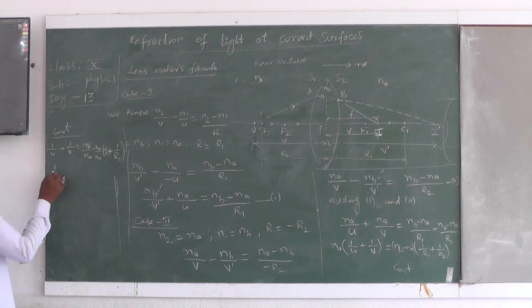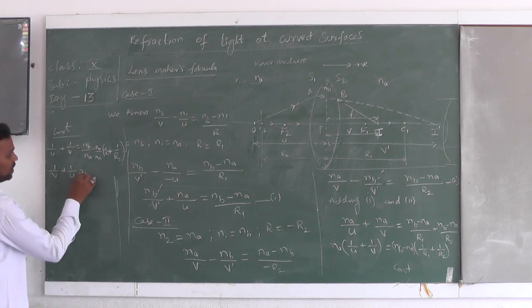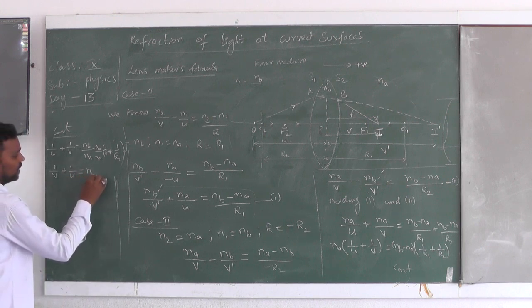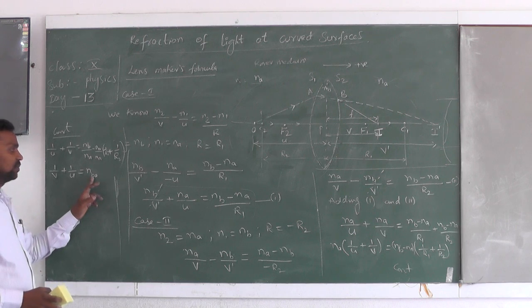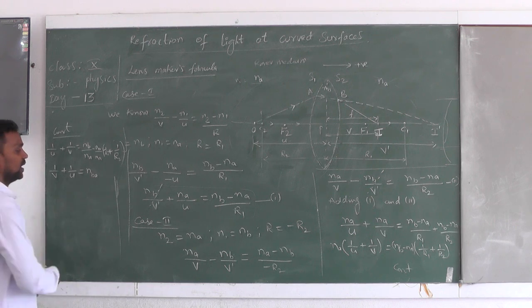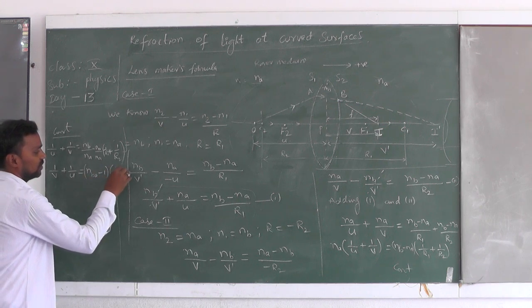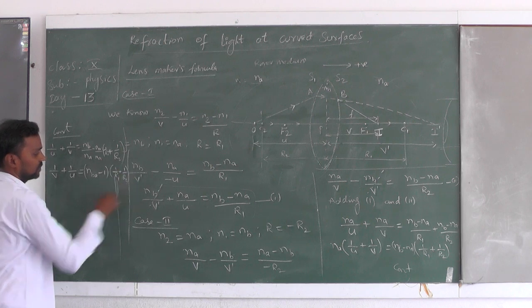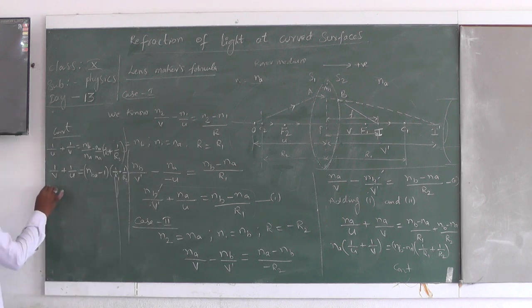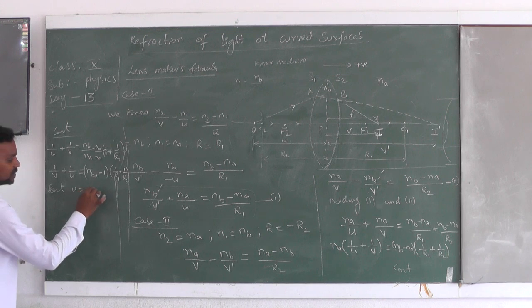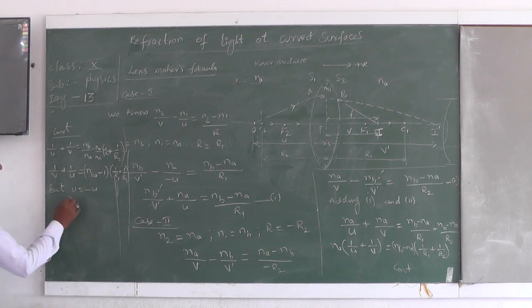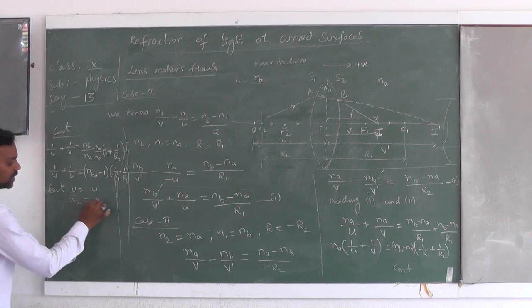So here 1 by V plus 1 by U is equal to NBA, that is the refractive index of medium B with respect to medium A, minus 1 into 1 by R1 plus 1 by R2. But according to sign convention, U is equal to minus U and R2 will be minus R2.